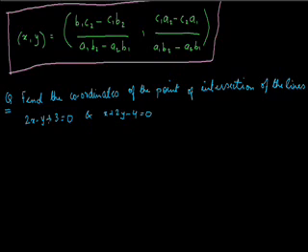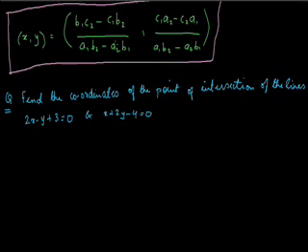Now comparing the provided two equations of the line with the ones which we had used in the theory, we say that b1 is the coefficient of y of the first equation of the line, c2 is the constant term of the second equation of the line, c1 is the constant term of the first equation of the line, and b2 is the coefficient of y of the second equation of the line. Similarly, a1 is the coefficient of x of the first equation of the line.